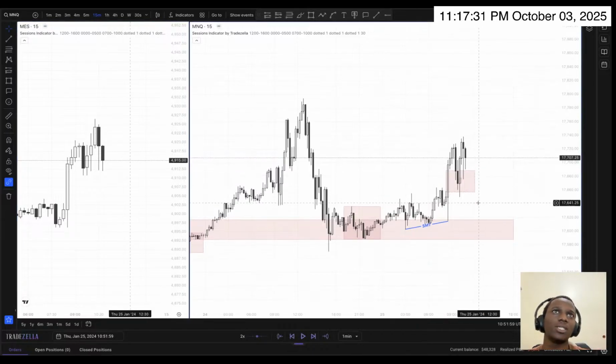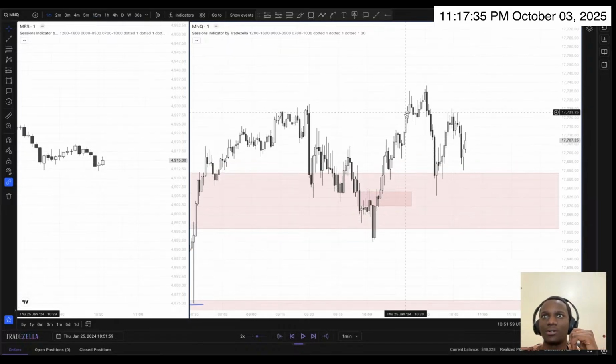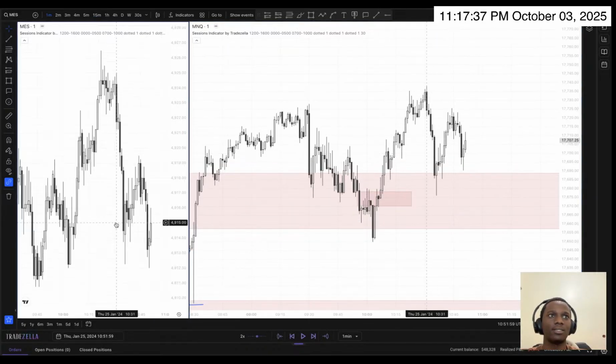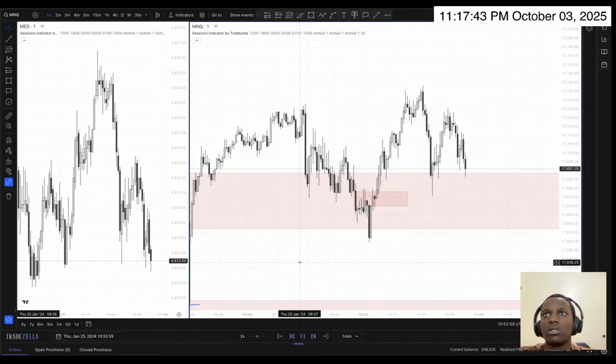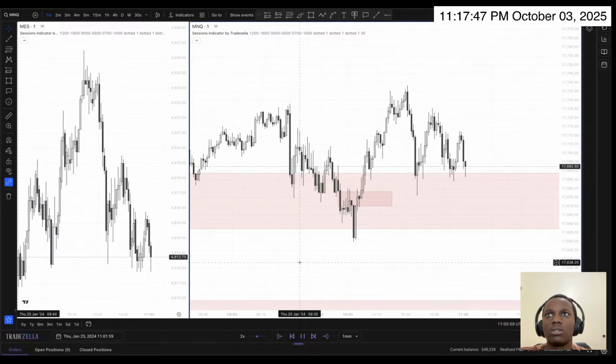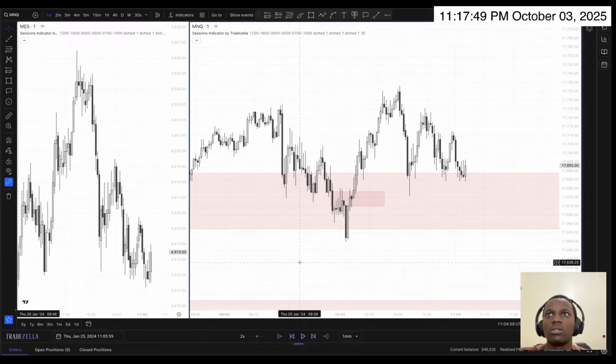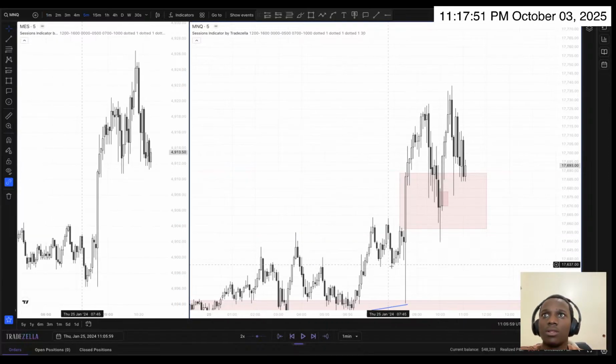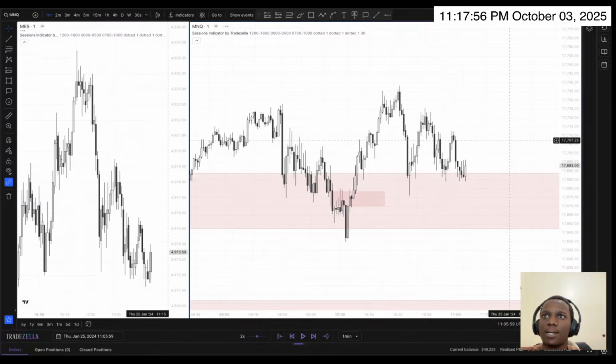Let's see what happens now. If we go down to the 1 minute, you can see that we dropped drastically. I think this was a retracement into a gap there.